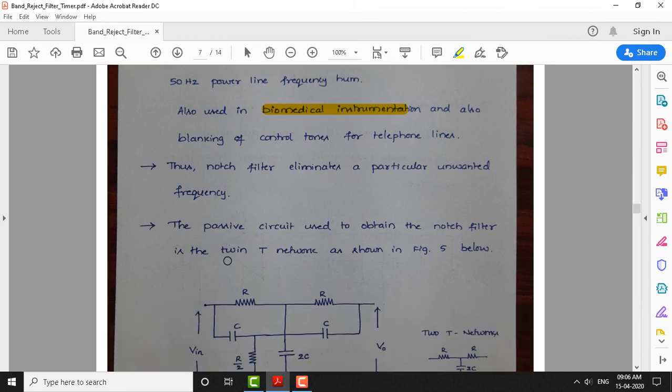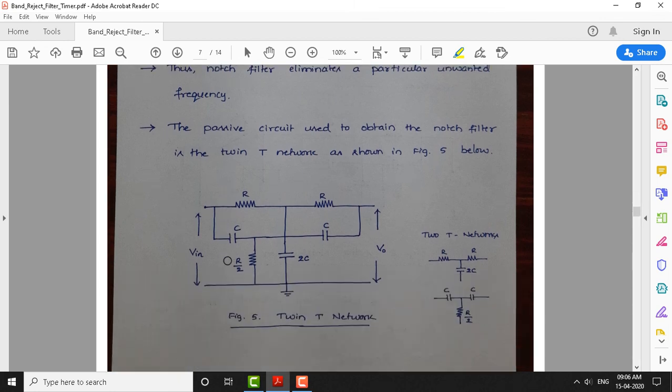Now to construct the circuit of the narrow band reject filter, first we can check with the passive network, and once we understand the concept, we can drive the signal coming out from this passive network into the op amp. If you observe this notch filter, there are two T networks here.